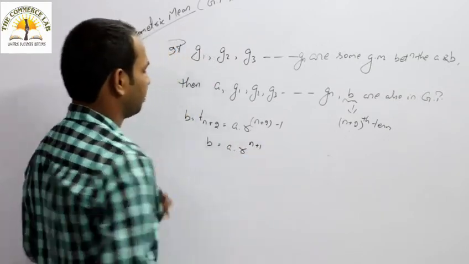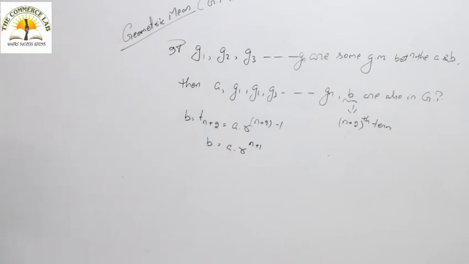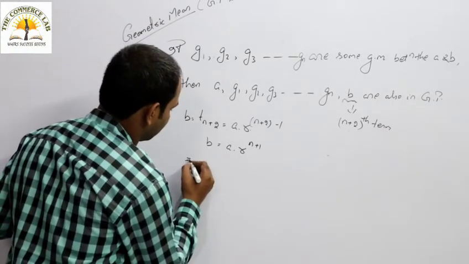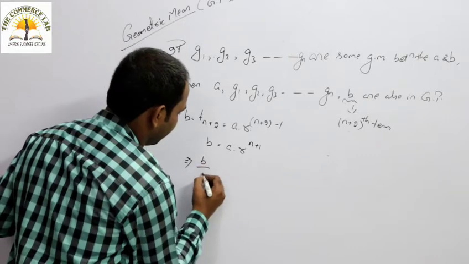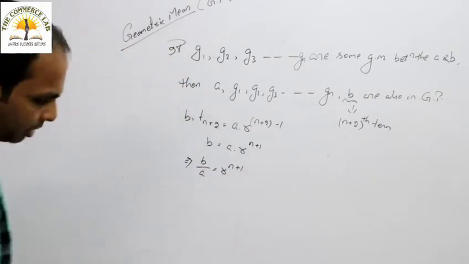So B equal to A into r to the power n plus 1. This implies B by A is equal to r to the power n plus 1.